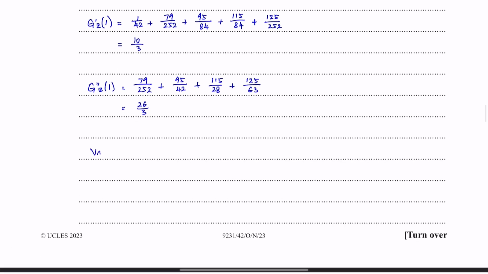And lastly, our variance would be 10 over 3 plus 26 over 3 minus 10 over 3 squared. So this would be 8 over 9.